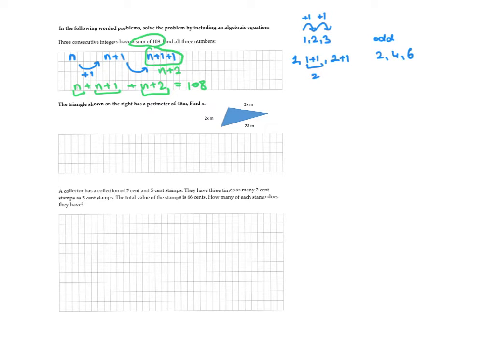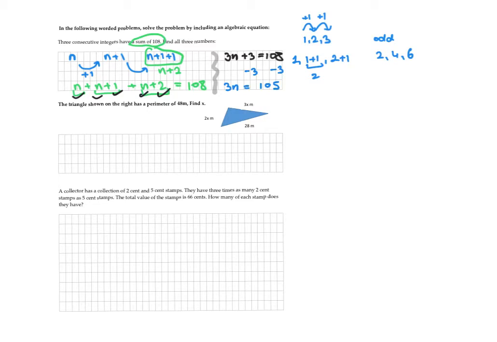So 3n, and now we have 1 plus 2, that's 3, so 3n plus 3 is equal to 108. If you remember what we did before, you just take 3 away from both sides. We're left with 3n is equal to 105.